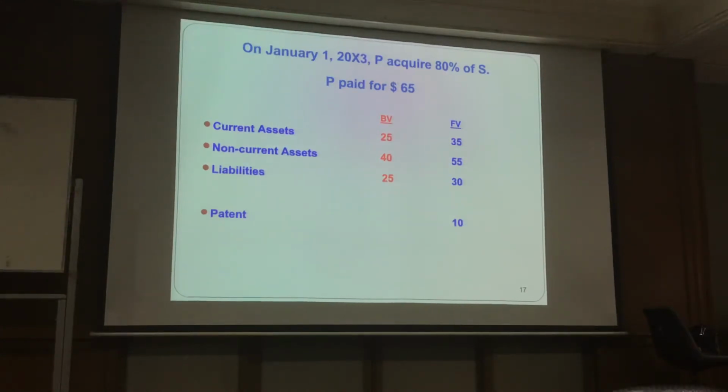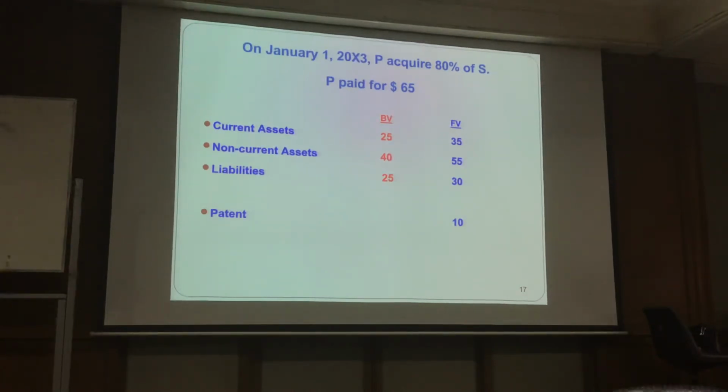When we calculate the goodwill in this case, before we go there, look at this first. P acquired 80% of S and P paid 65. So based on the acquisition steps, number 1, identify the acquirer. Who buys? P. Number 2, buys on what day? January the 1st. Number 3, consideration transferred is how much? 65. What do you get?